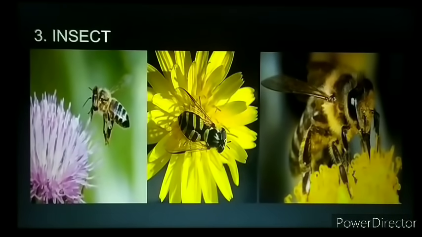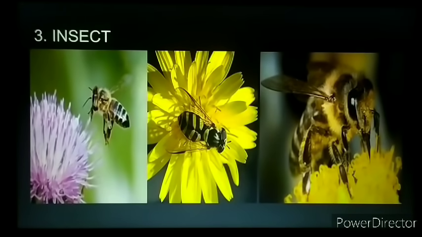This is another important agent for pollination, especially cross-pollination. Insects like bees, butterflies, moths, and even birds, they help in pollination. But the question is, how exactly do the insects pollinate?